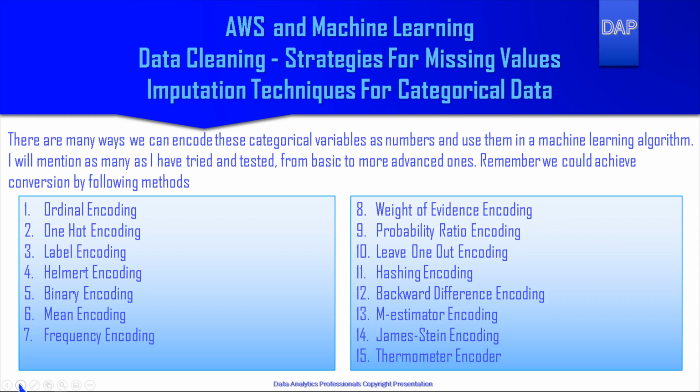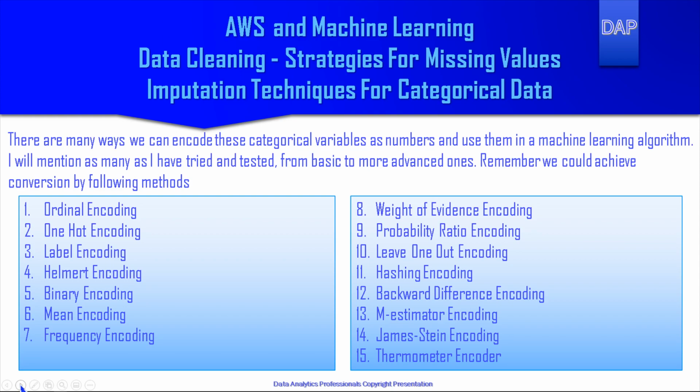These methods are, number one, ordinal encoding, then one hot encoding, label encoding, Helmert encoding, binary encoding, mean encoding, frequency encoding, weight of evidence encoding, probability ratio encoding, leave one out encoding, hashing encoding, backward difference encoding, M estimator encoding, James Stein encoding, and thermometer encoder. So these are some of the methods.